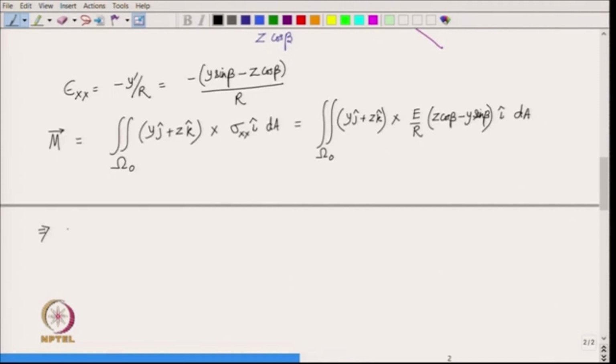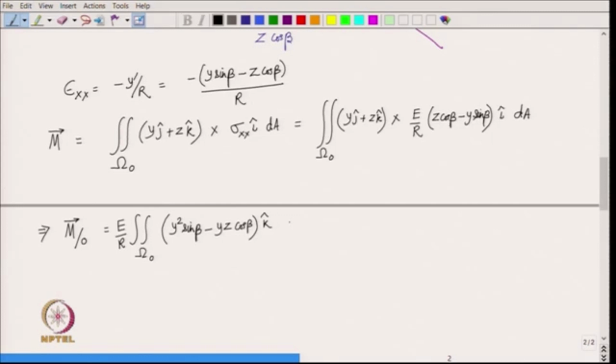Okay. Now, let us work out the cross product. The moment about the centroid, say it is O, is equal to again integration over omega naught. First, let us do the j cross i. So, j cross i is minus k. We get y square sine beta minus y z cosine beta into k, and of course, we have E by r outside because it is constant for the cross section.